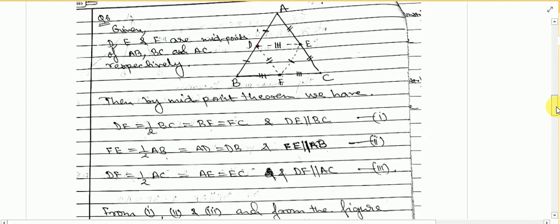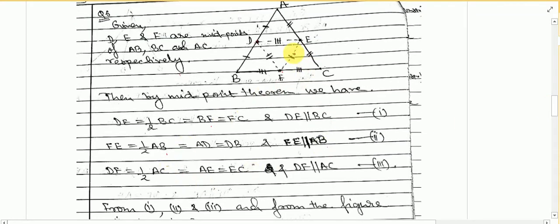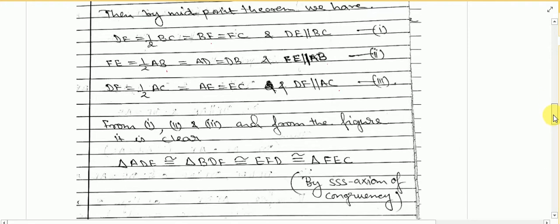And then your DF is going to be half of AC, or you can say DF is exactly AE or EC, and DF will be parallel to AC. So you got these three pieces of information. Now from 1, 2 and 3, and from the figure you will see that these triangles are going to be congruent. Why? Side, side, side.